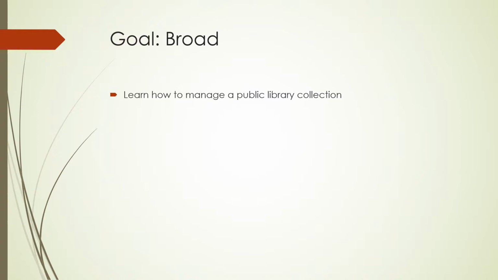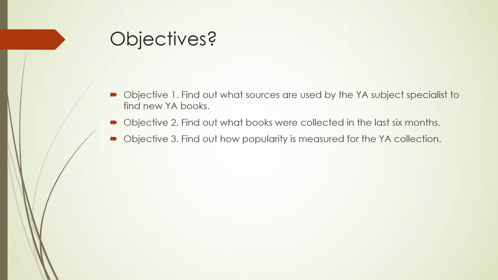So you have some very broad goals that you have created with your site supervisor. Here's an example of one: learn how to manage a public library collection. So what are some objectives that will help you do that? You'll notice that objectives are, first of all, more specific.